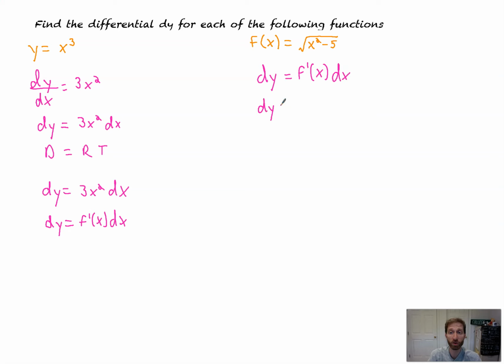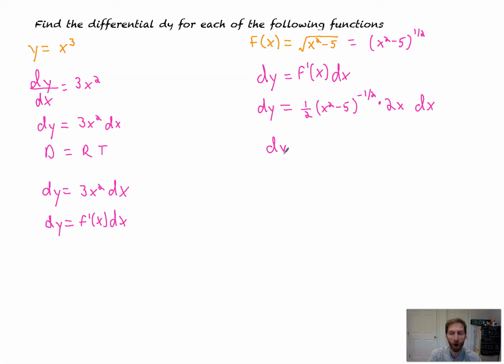So we have the differential y, small change in y is approximated by, or equal to, the derivative. Well, what's the derivative of that? Well, remember this is x squared minus 5 all raised to the 1/2. Little chain rule action, so we're going to get 1/2 times x squared minus 5 to the negative 1/2 times 2x, little chain rule, dx. All right, there's the differential in x.